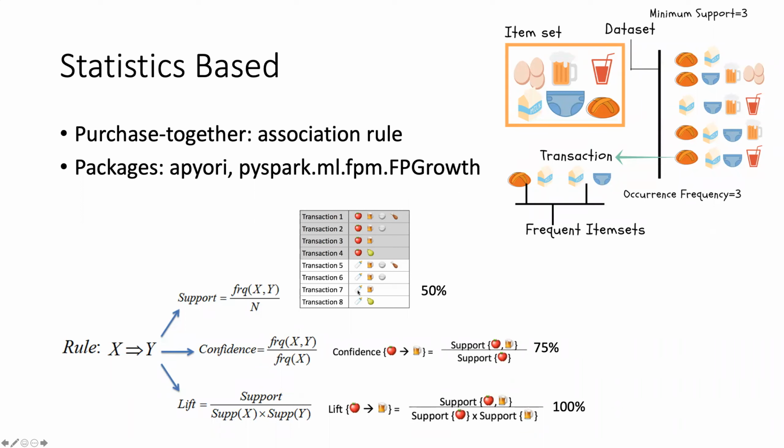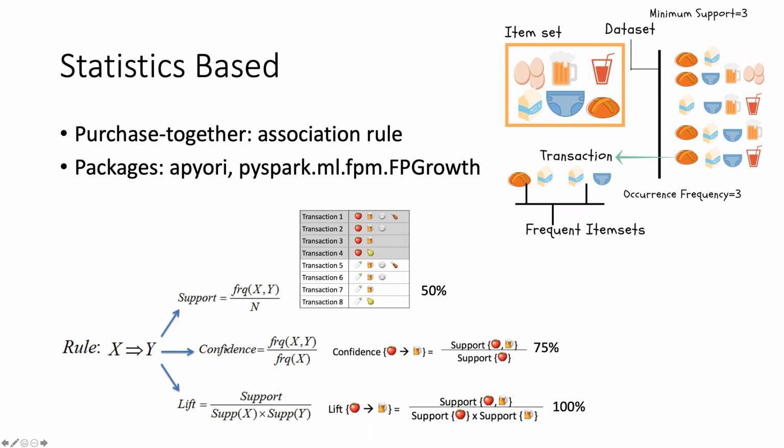Sometimes people don't purchase apple, they also purchase beer. So apple does not necessarily cause people to purchase beer. That means they don't have a very strong association here. So when this value is greater than 1, greater than 100%, it means they have a strong association.